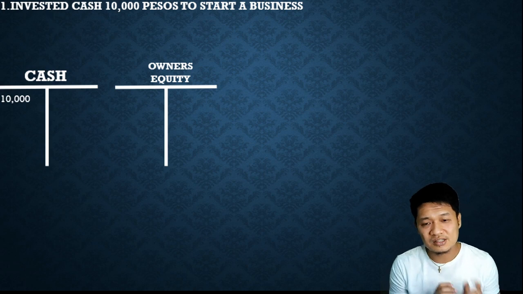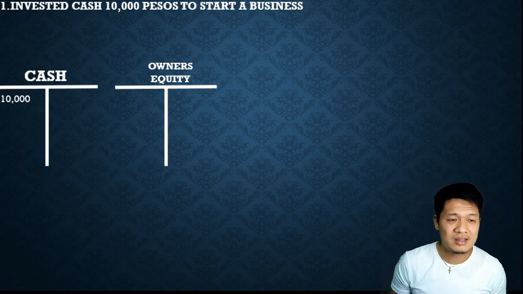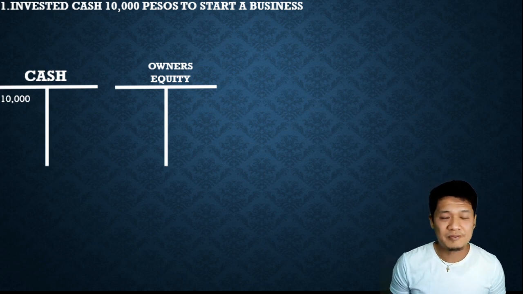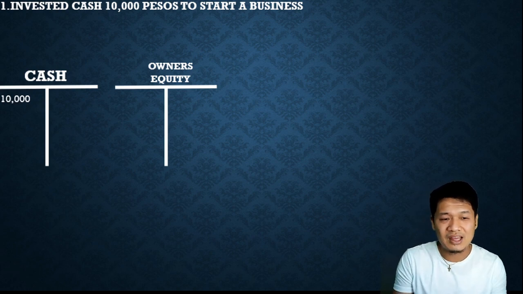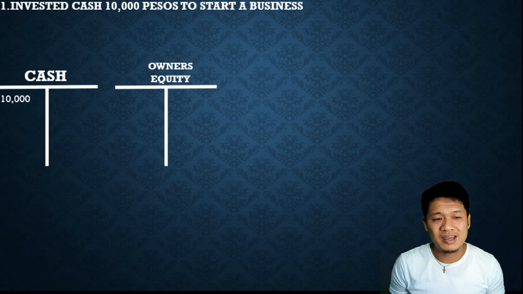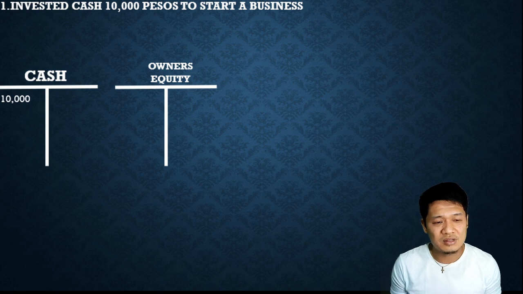And then another thing, sino ba yung nagbigay ng pera? Kanino ba galing ang pera? Siyempre sa owner. So it will be credited to the owner, no? Ibig sabihin, nadagdagan yung investment ni owner. Siyempre, i-analyze natin, nadagdagan. So ibig sabihin, increasing side. So what is the increasing side or the normal balance of the owner's equity?